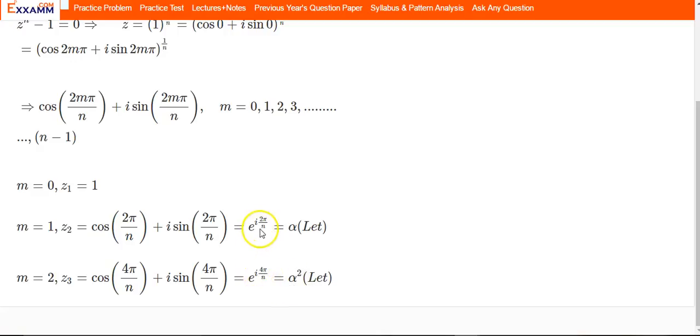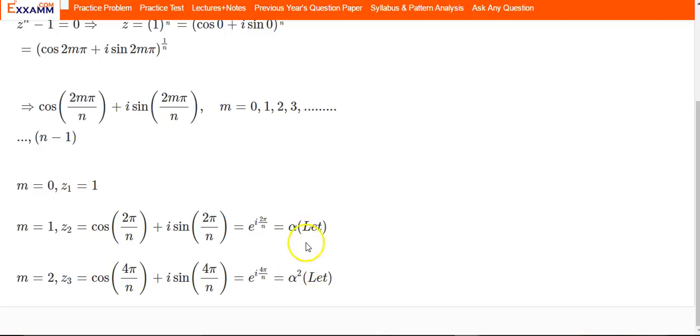Now it is obvious from these two expressions that this root is the square of this. As we had seen in case of cube roots of unity, the two roots were squares of each other. But is this root the conjugate of this? No, it is not the conjugate of this one. See, in case of cube roots of unity there were only 3 roots, and here it is not.